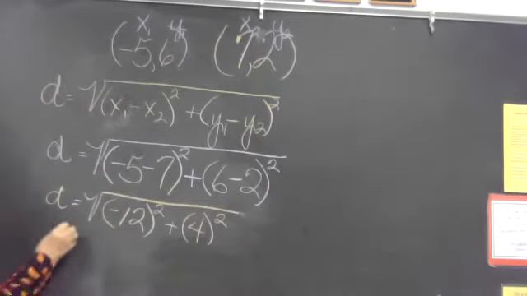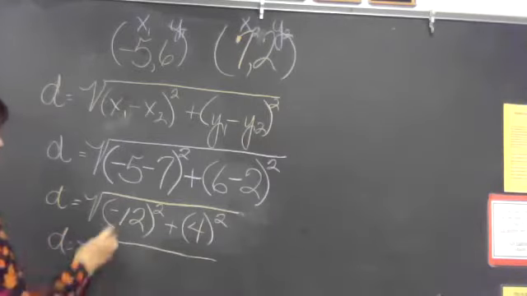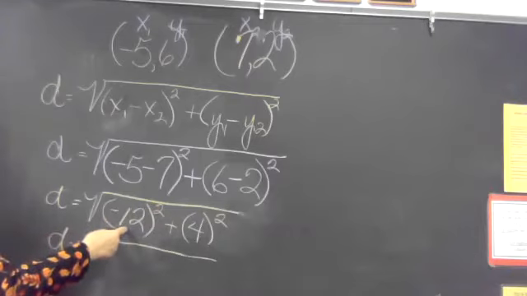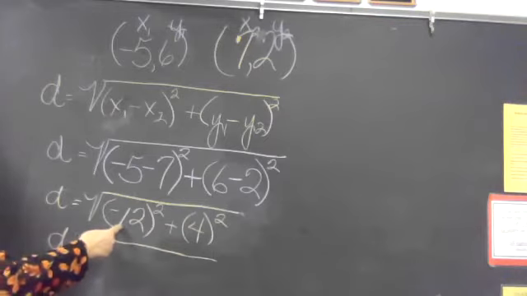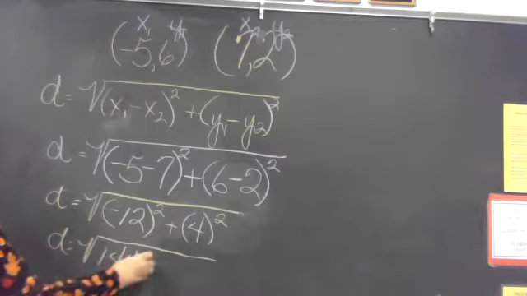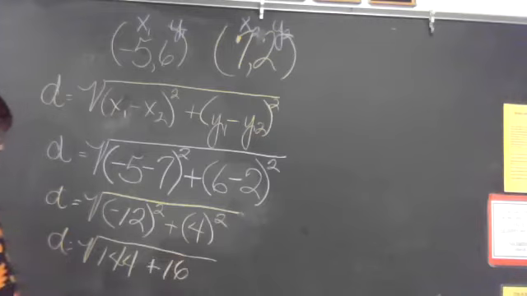Moving on down, anything squared becomes positive, because -12 times another -12, negative times negative, gives you a positive 144, plus 4 squared is 16.